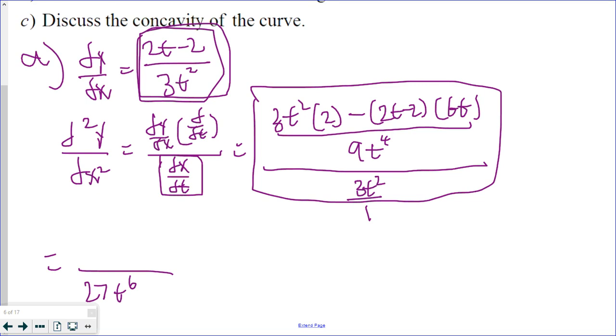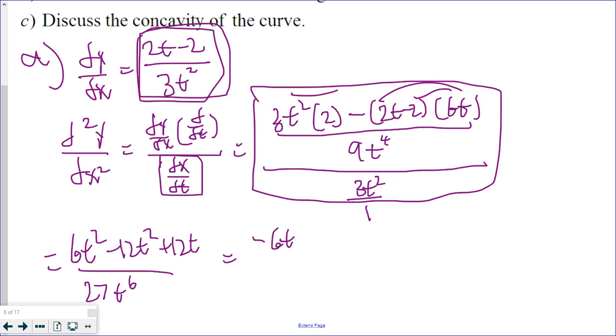On the top, if you combine like terms, distribute, and multiply, you're going to simplify down to 6t squared minus 12t squared plus 12t, which would equal negative 6t squared plus 12t over 27t to the sixth.